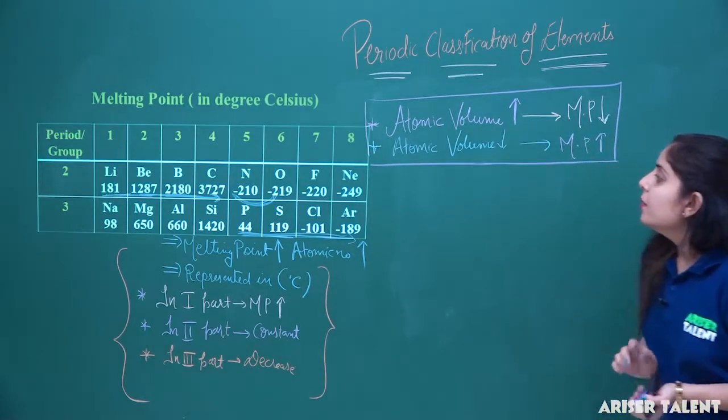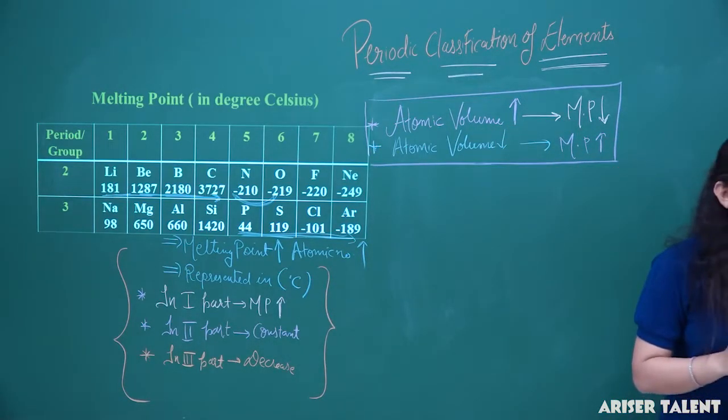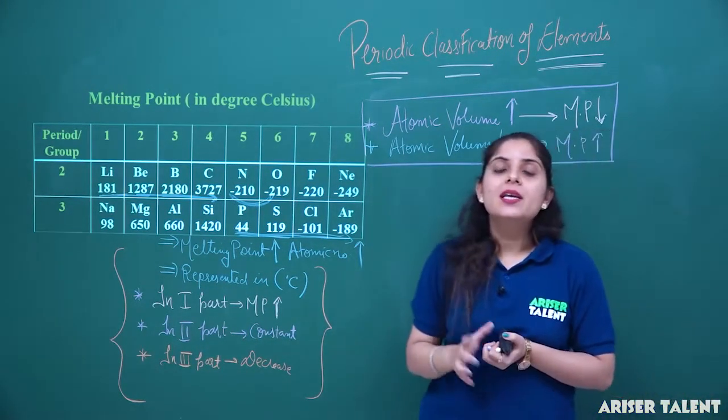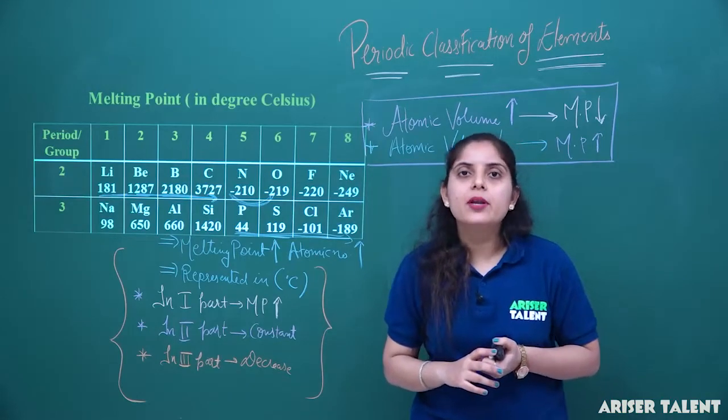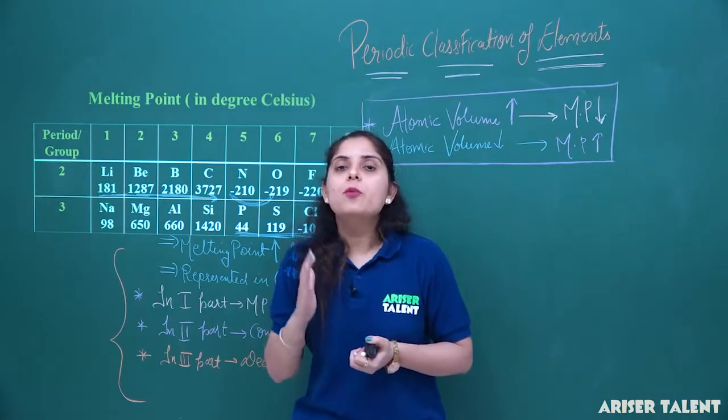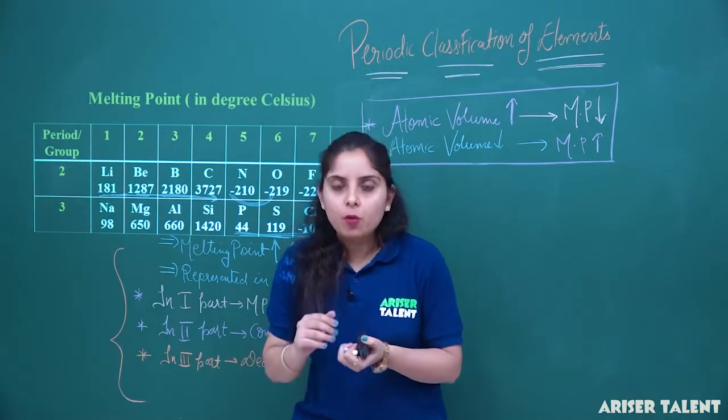Now, in case of the solids, tungsten has a large melting point, but carbon has the highest melting point among non-metals. And if we are comparing the lowest melting point, the lowest melting point will be exhibited by helium only.